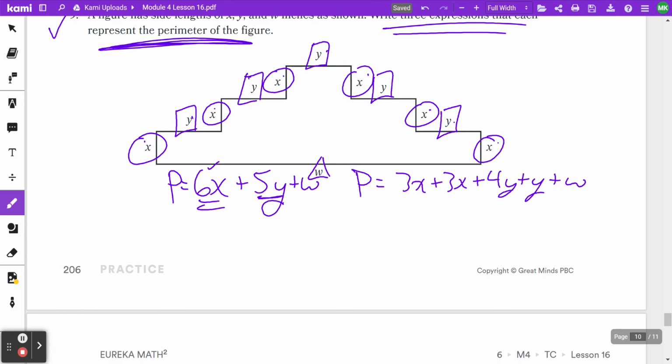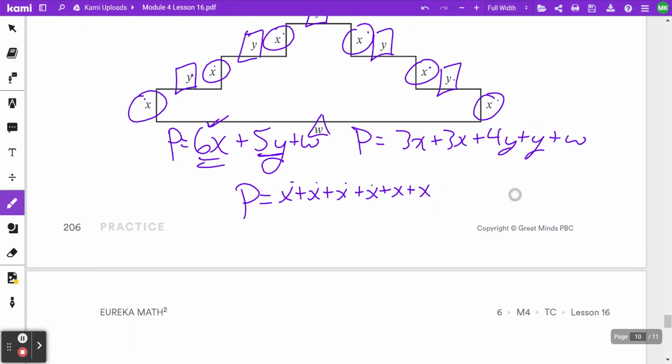I mean, you can do anything, really. There's just so many. How about I just separate all the x's? X plus the x plus the x plus the x. 1, 2, 3, 4, 5, 6 x's. There they are. How about 5 y's? 1, 2, 3, 4, 5. And then tag on that w. That works too. Those are all equivalent expressions.